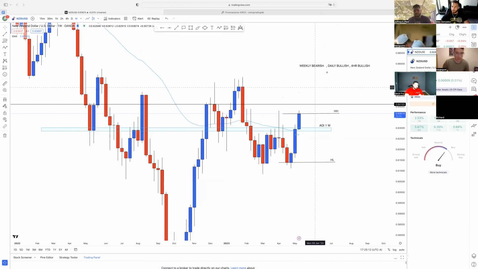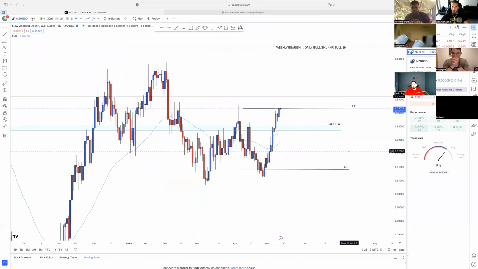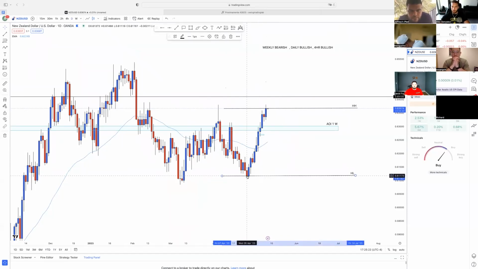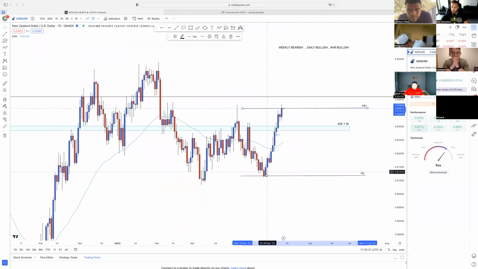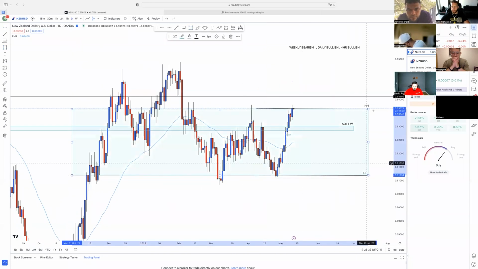Okay. Simple, right? For this example, that is the area of interest on the weekly. If you notice right here, we can mark this off as the higher low on the daily and this as the higher high on the daily. You guys see that? Simple. So we get our zone, do the same thing, and look for an area of interest. We start coming down, coming down.